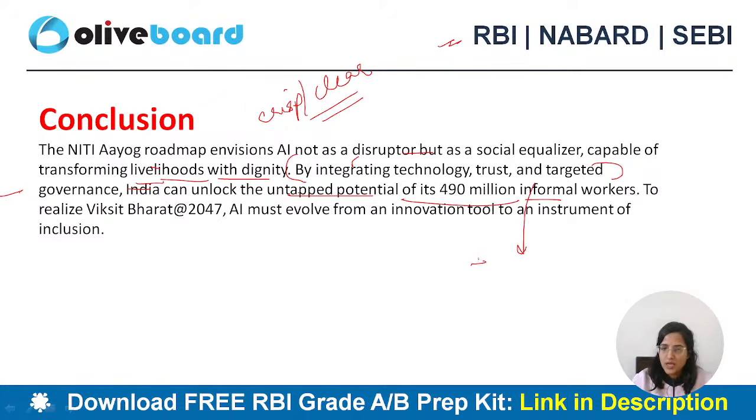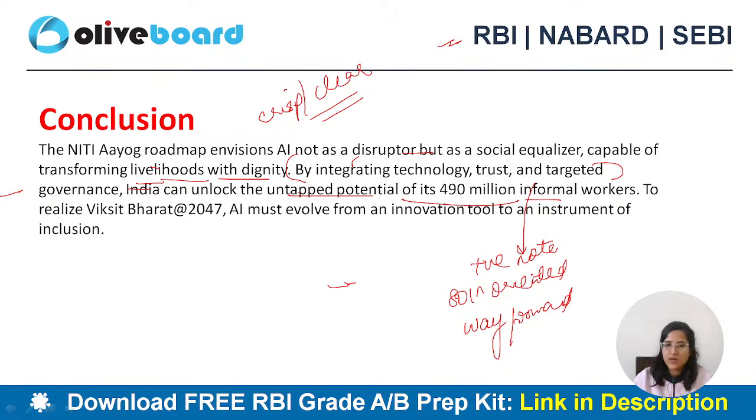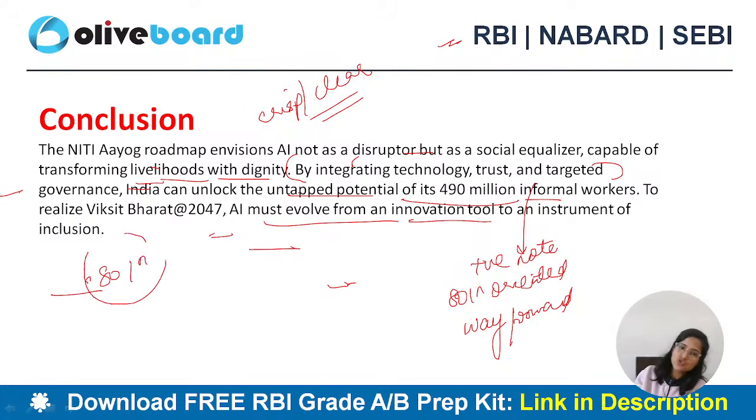On a very positive note and in a solution-oriented manner. Your conclusion should be in a way-forward kind of manner. To realize Viksit Bharat by 2047, that means for becoming a developed country by the year 2047, AI must evolve from an innovation tool to an instrument of inclusion. So you are basically providing a solution in your answer. You are summarizing also that yes, there are some challenges, but if we work on those challenges, then we can really become a developed country. Okay?